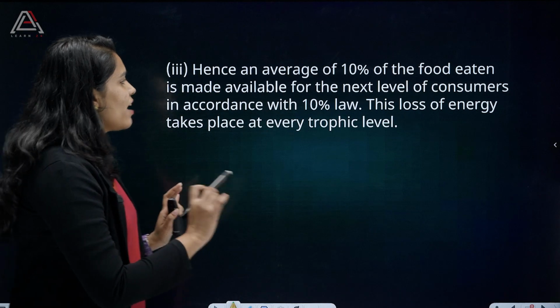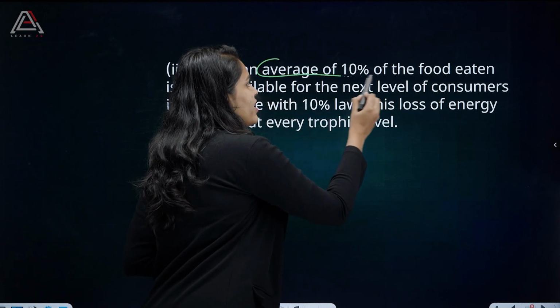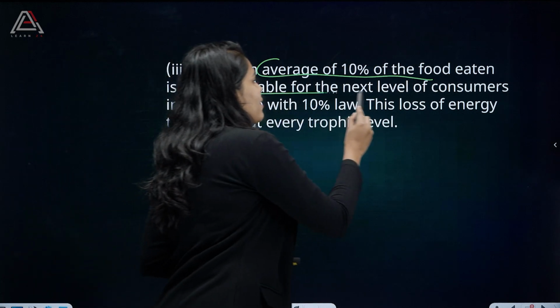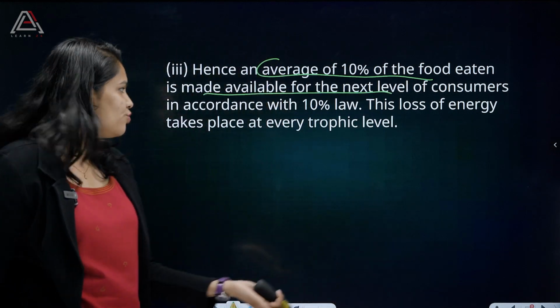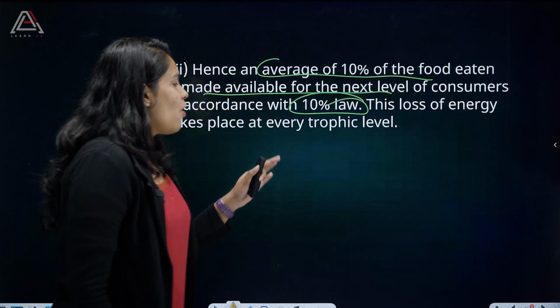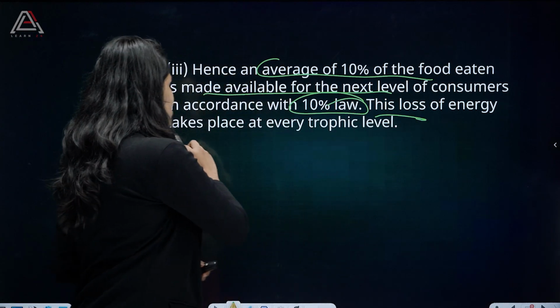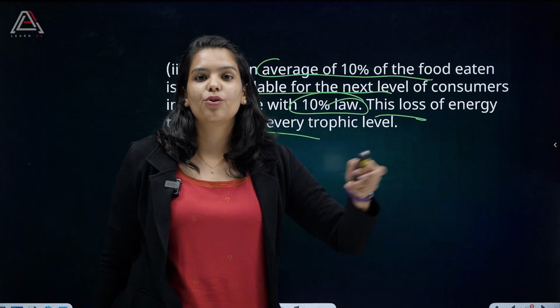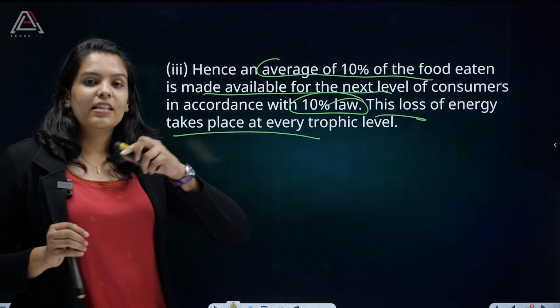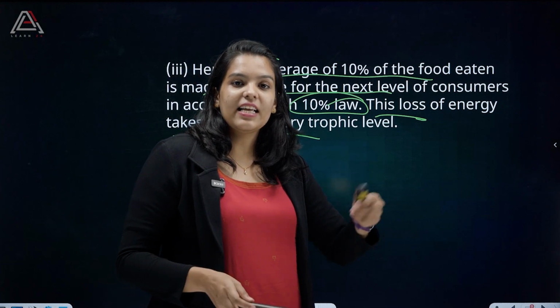You just have to explain that on average 10% of the eaten food is made available for the next level of consumers, and according to the 10% law, this loss of energy takes place at every trophic level. So only 10% of the food is eaten by the next generation.